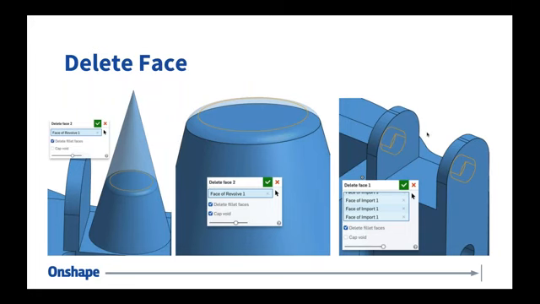All right, so let's get into delete. The question comes up often: how do I delete a hole, or how do I remove a face? That's where delete face is most useful. Delete face is really applicable if you need to delete geometry and what's referred to as heal in Onshape, essentially patch over it. So if you've imported a model and it has holes and you need to get rid of those holes for whatever reason, maybe to create different holes in a different location, delete face is the tool that I'd recommend.